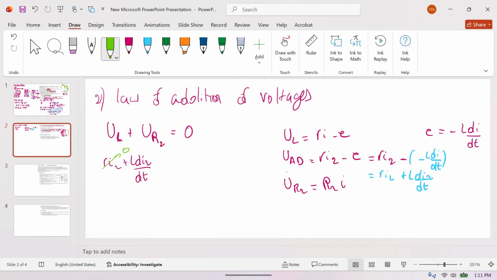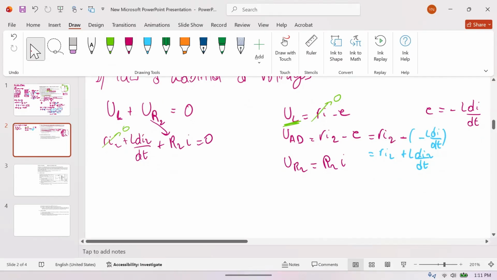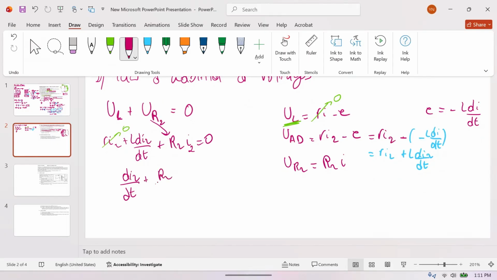The coil UL is Ri minus E, and it doesn't have an internal resistance in the given. And plus UR2, it's the resistor. We use Ohm's law as always. Okay, and you can divide the whole thing by L, so you can get the derivative by itself. So di2 over dt plus R2 over L I2.